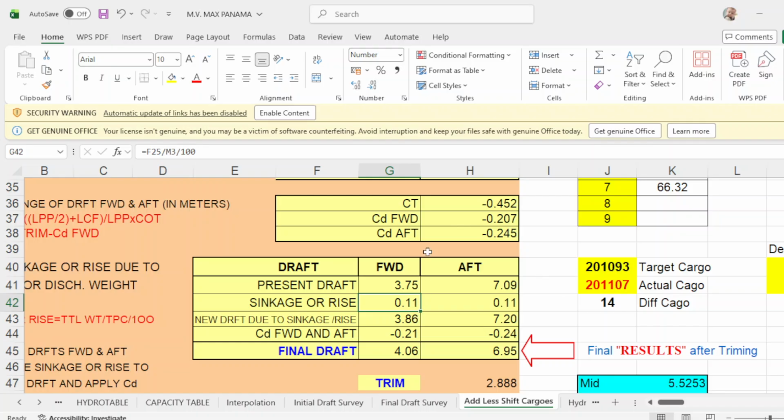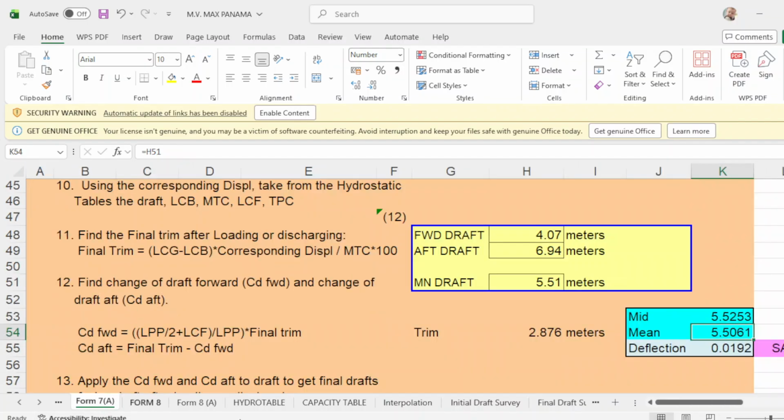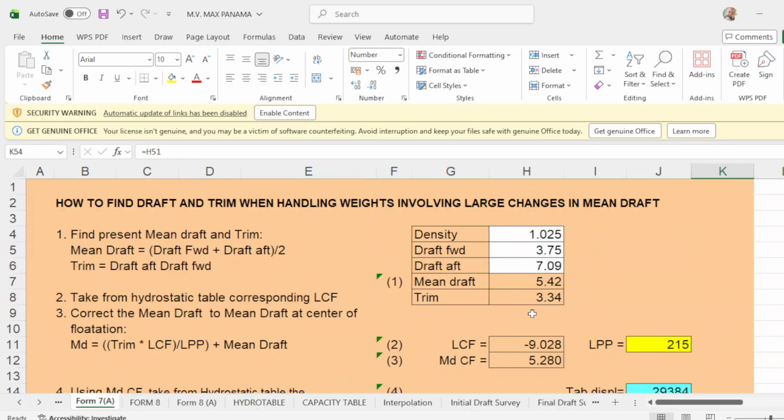Round up here, change of draft aft is 2.24. Then you have 2.95. Okay. And your trim here. And your mean draft is 5.51. Okay, that will be mean draft here, 5.51. That will be this one. 5.51. Okay, so that's it, guys.